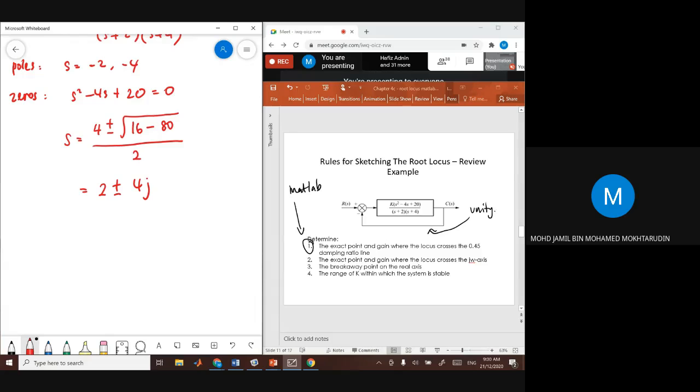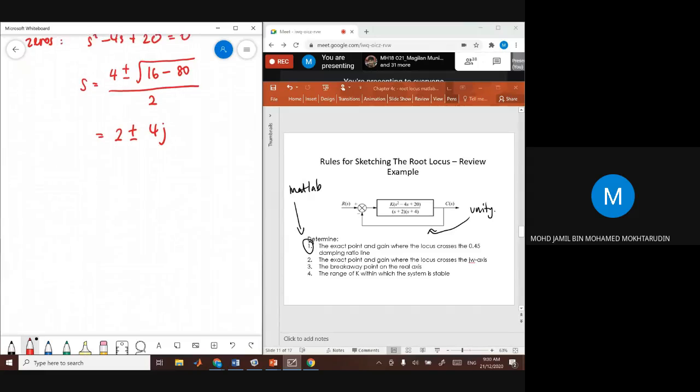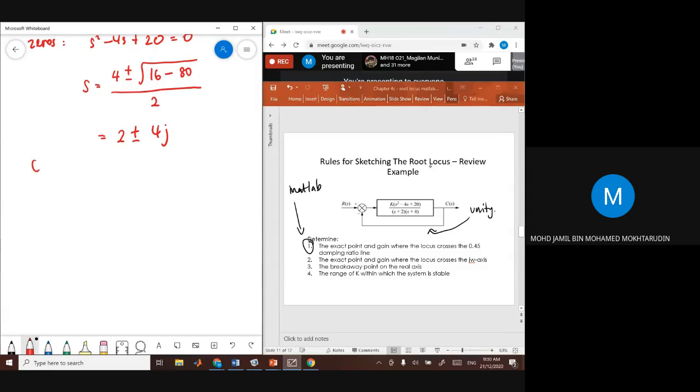And then the exact point and gain where the locus crosses the JW axis. Okay, so for question number 2, you need to find the closed loop transfer function.